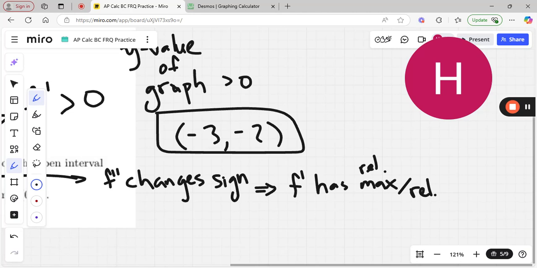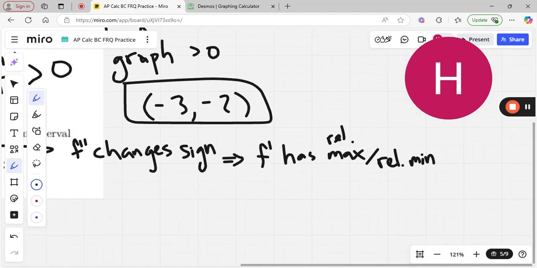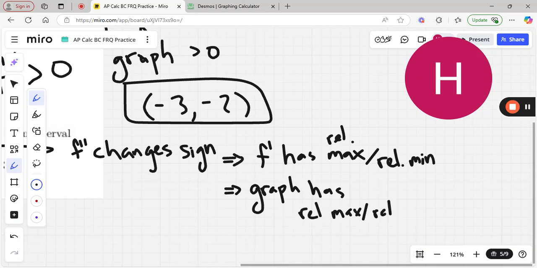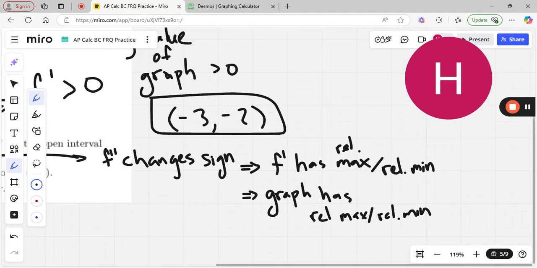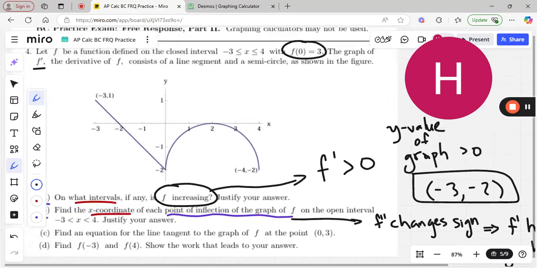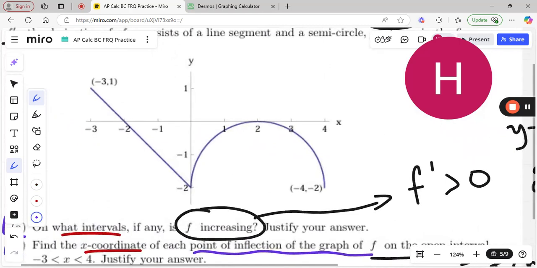It doesn't really matter which one it has, just as long as the slope of the slope is changing sign. And since f prime is the graph that we're looking at, we're looking for when the graph has a relative max or min. Okay, so we can just use our eyes for that. It's pretty simple. Here is a minimum.